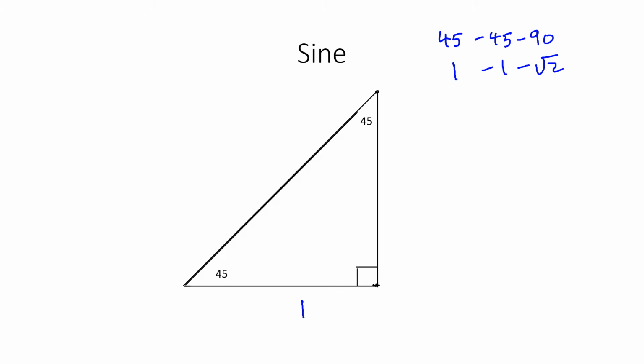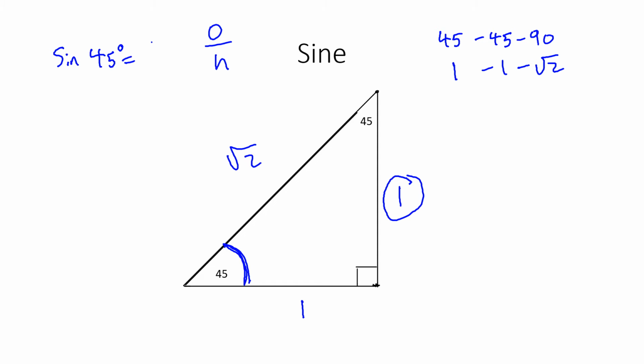So we have 1, 1, and square root of 2 for our sides. So if we wanted to find the sine of 45 degrees, remember sine is opposite over hypotenuse. So if we're at 45 degrees, 1 is exactly opposite, and the hypotenuse is radical 2, so it's 1 over radical 2.